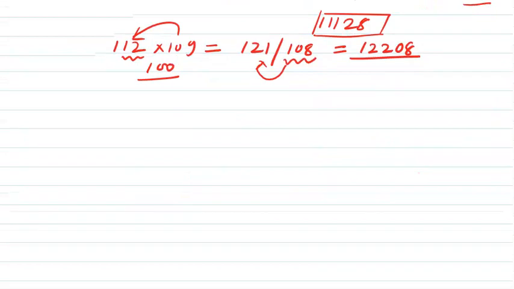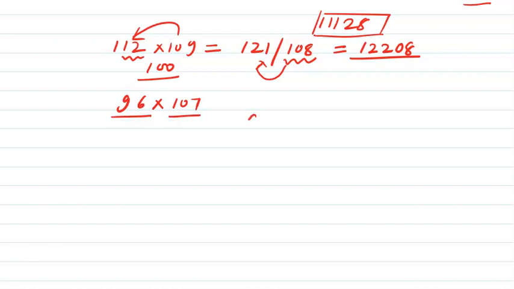It is not just that it will work for both above the base or below the base. We can even talk about the numbers when one is below the base and one is above the base. So if you look at this particular example, we have 96 and we have 107. So this is minus 4, less than 100, meaning here the deficit is minus 4.